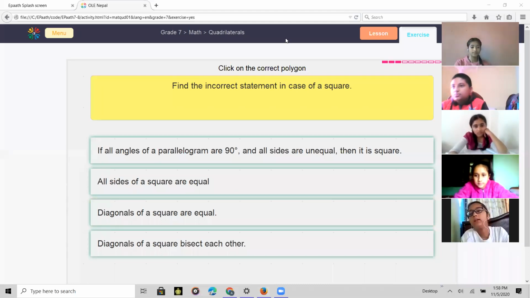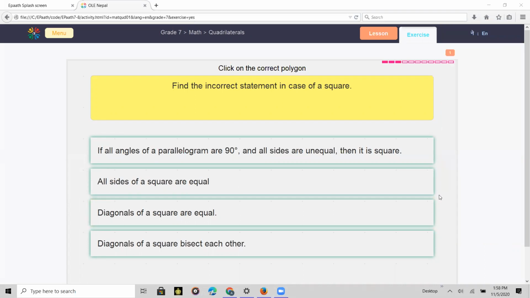What do you think? Is this correct or not? Yes, sir, correct. Very good. Next one, please. Diagonals of a square bisect each other. True. This is also true.